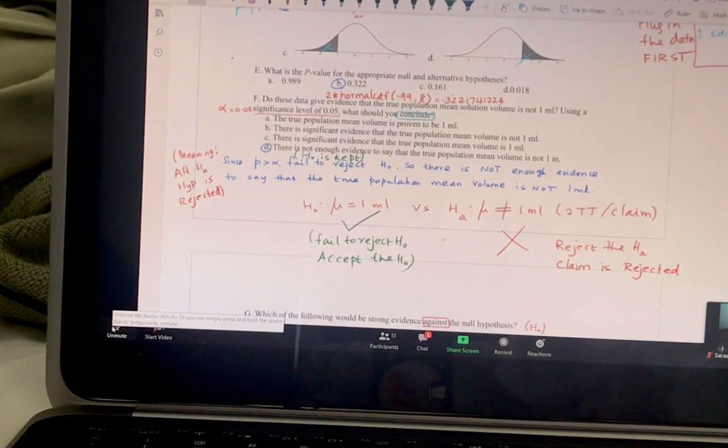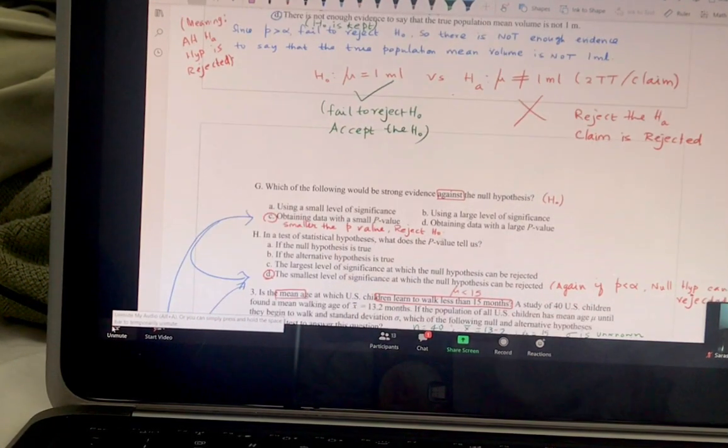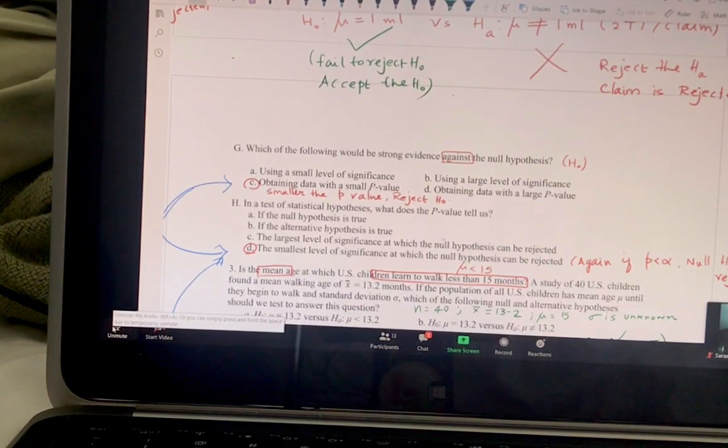All right, and then yes, so these are all the multiple choice questions. So the multiple choice question has 4 options. So which of the following would be the strong evidence? So which one is going to give you the strong evidence against the null hypothesis? So you have using a smaller level of significance?